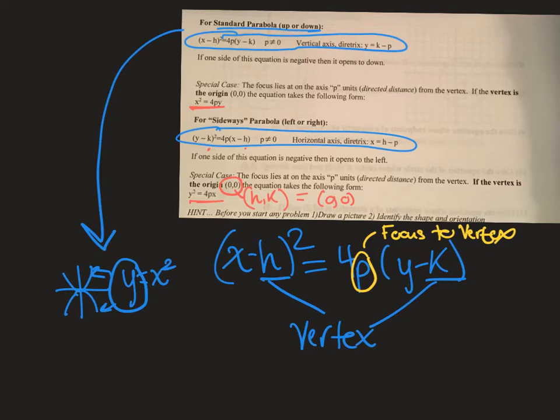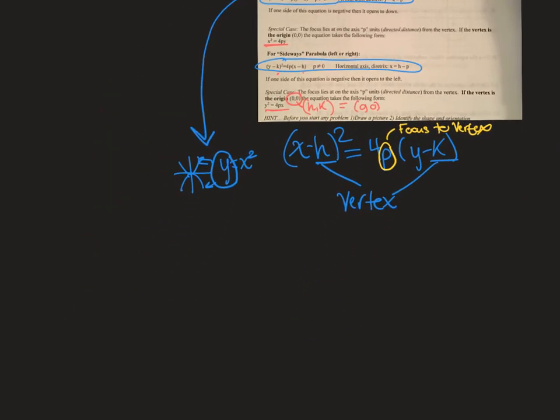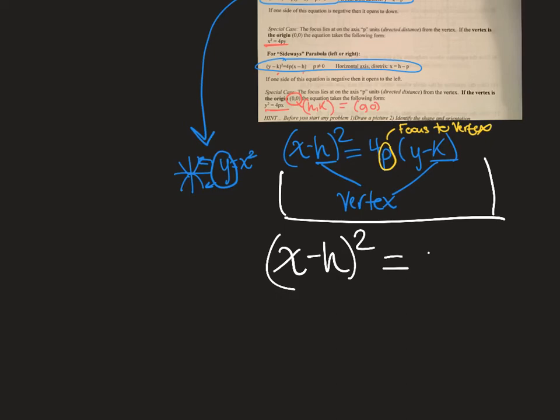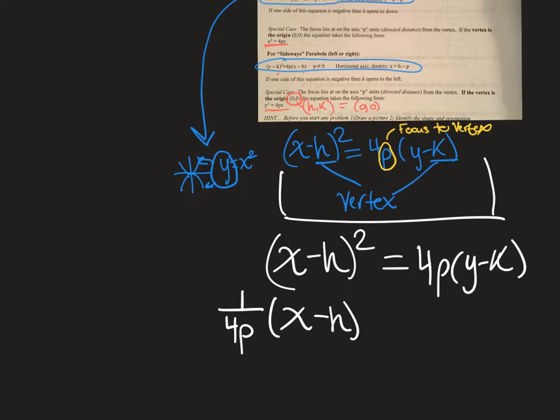I do want to show you one quick thing, just for fun. I'm going to take this formula and rearrange it. So I have (x minus h) squared equals 4p times (y minus k). I'm going to divide the 4p over. So I'm going to have 1 over 4p times (x minus h) squared equals y minus k.